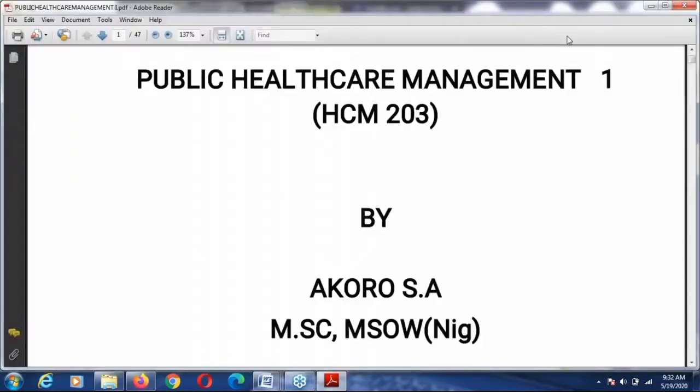Cost control is a way of streamlining costs and creating necessary funding to maintain adequate levels and qualities of services offered. All right.